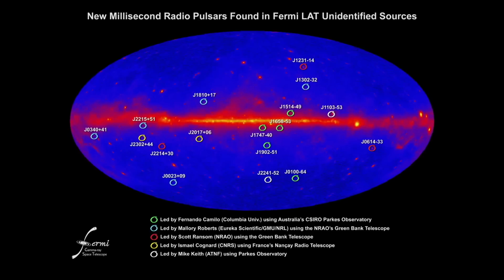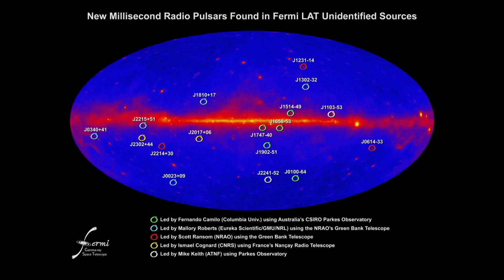However, they're found all over the sky, and this is from the Fermi Space Telescope looking in gamma rays. And so these are radio pulsars found that are part of the Fermi unidentified sources. So the Fermi Space Telescope goes out and looks for gamma ray sources, and what we can do then is collate those gamma ray sources with radio sources, and that's what's been done here.